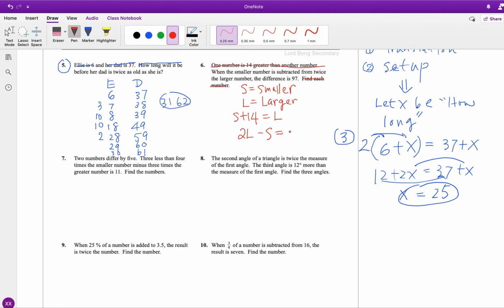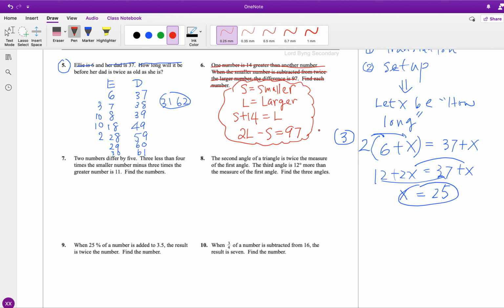The difference is 97. So that's this sentence, is my equation. And then I finish this one. So you see, every single word in this English paragraph, now it is this mathematical language here. This is absolutely just a translation, all right?